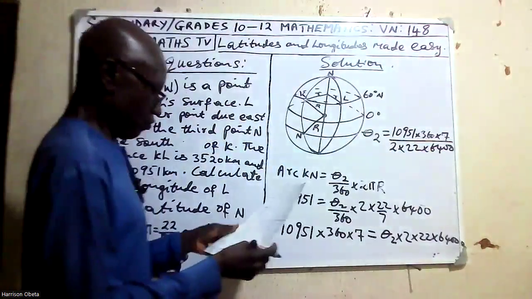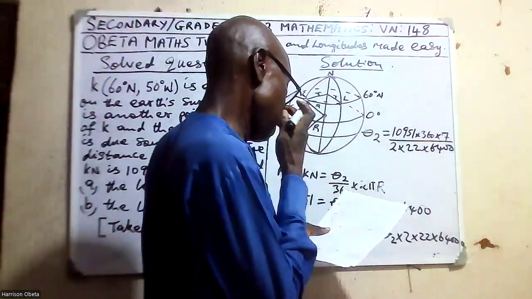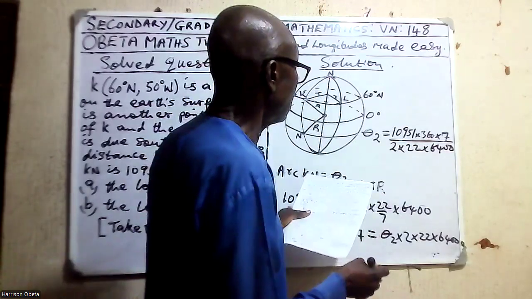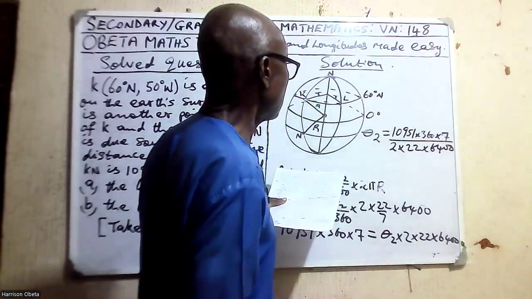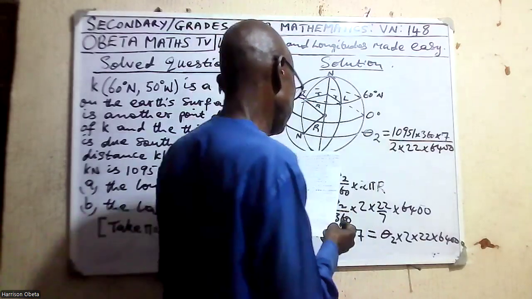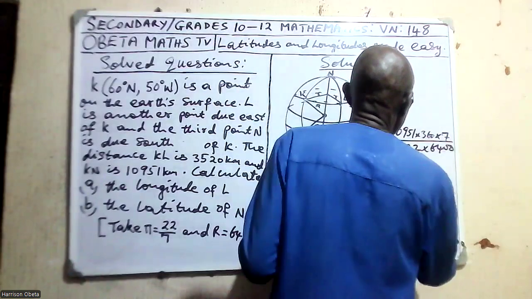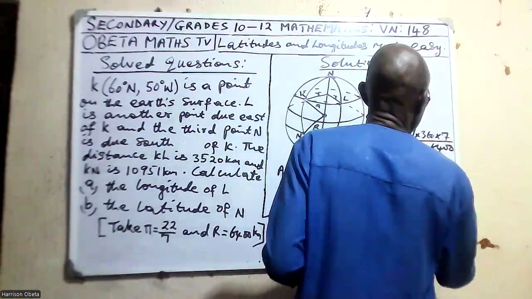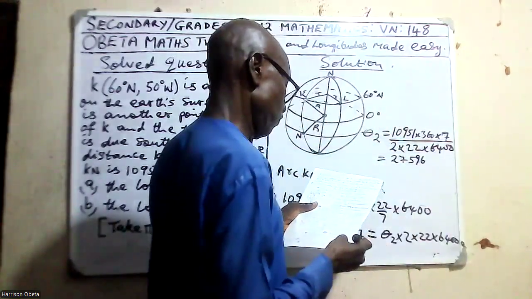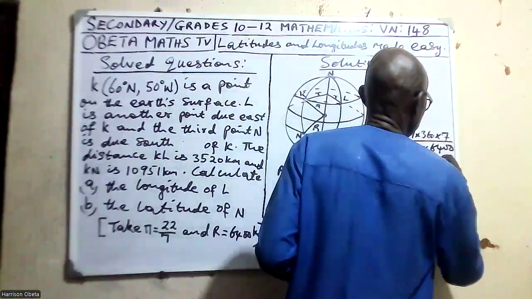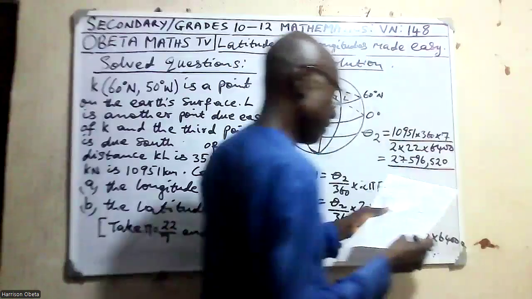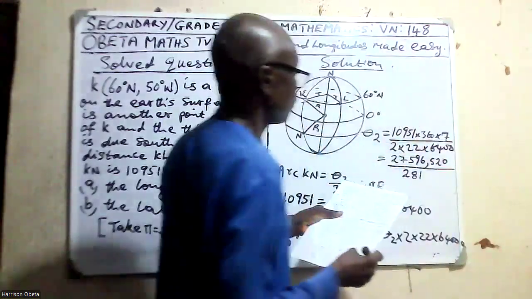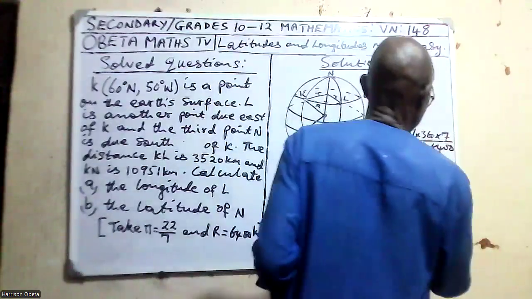So if we do that, you multiply it out, that will give us 27596520. We are dividing by 281,600.